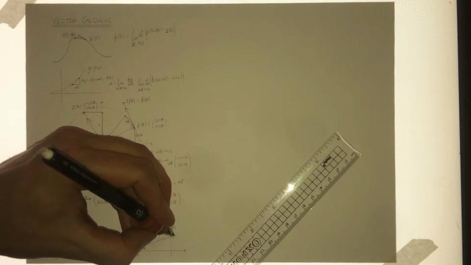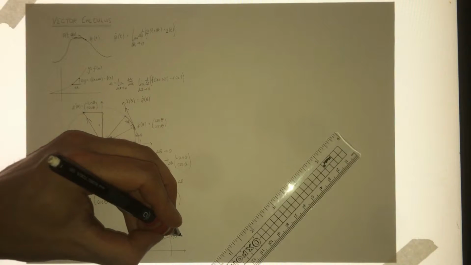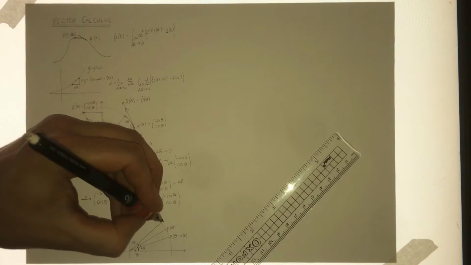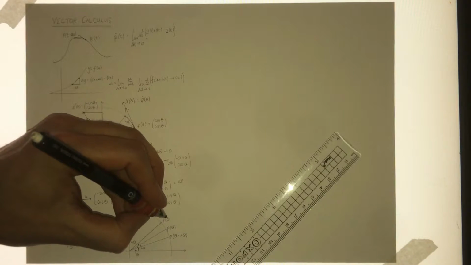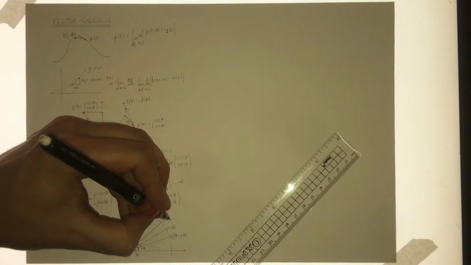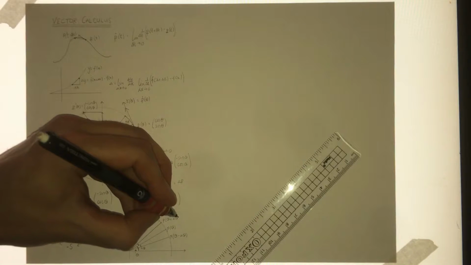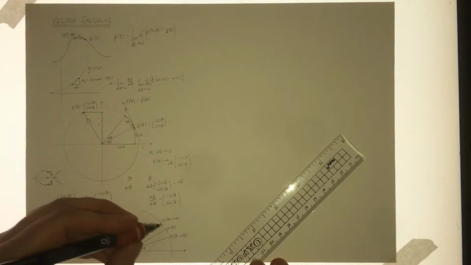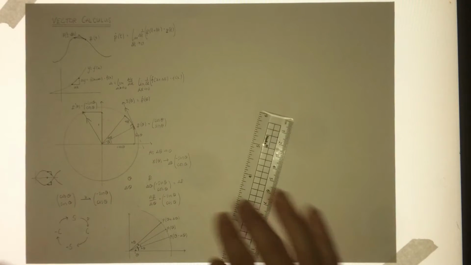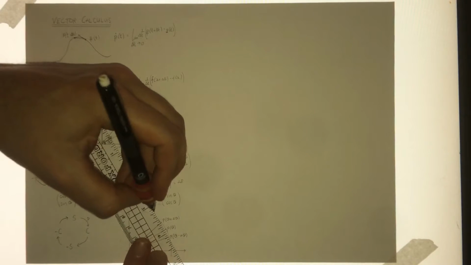That's P of theta minus delta theta, and P for theta plus delta theta. So instead of looking at this chord as we shrink delta theta to 0, let's instead look at this chord.